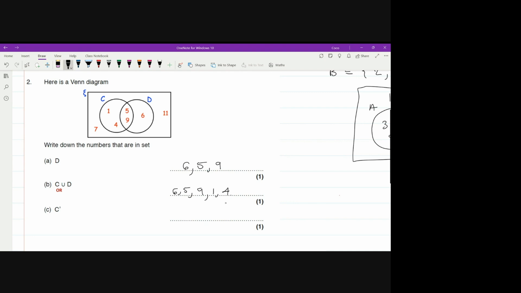1 and 4. Now, the C with a little apostrophe means not C. And remember, we spoke about not, yes, but we talked about it in probability. So when they say not C, all we're going to do is circle C, and whatever is not in C is the answer that we're looking for. So there, I've circled everything in C. What is not in C, grade 10s? 6, and?